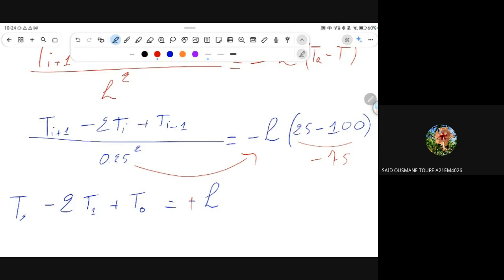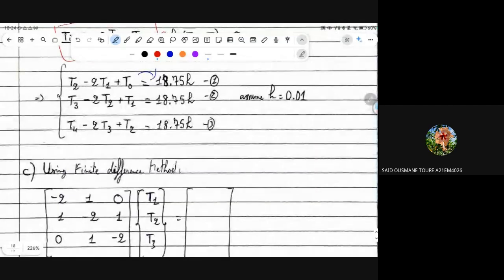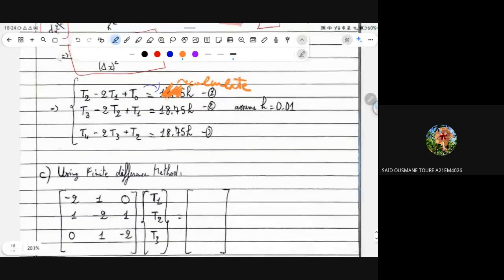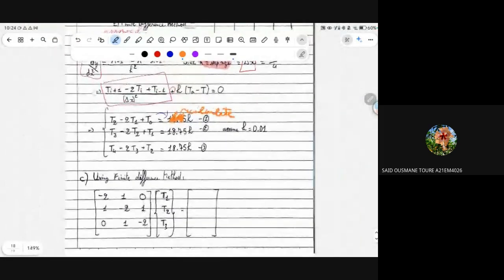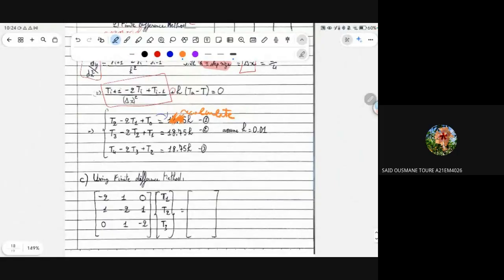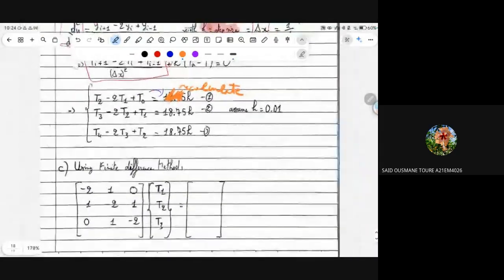Okay, then I made a mistake. Luckily, I didn't explain further. Let me calculate. I didn't square the 0.25 actually.